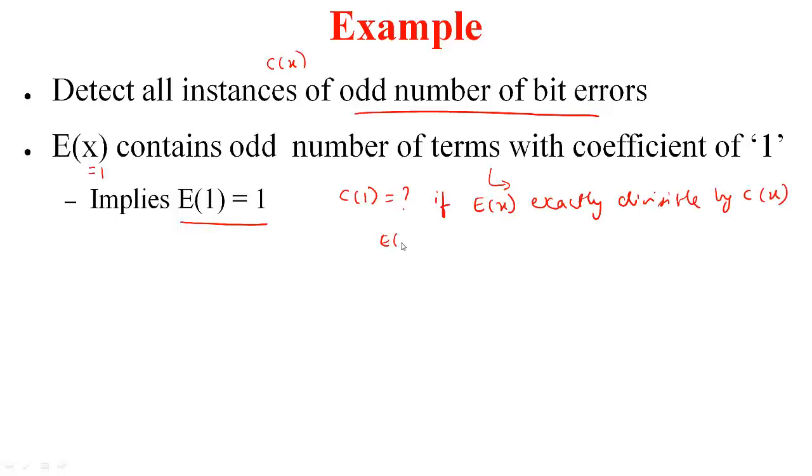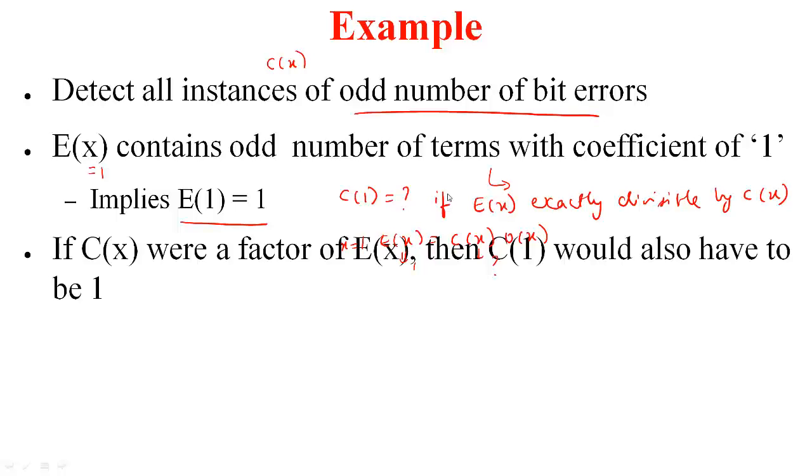So let me write this as E(x) is C(x) times some other polynomial Q(x). In this case, E(x) is exactly divisible by C(x). So if I were to substitute x is equal to 1 here, this one is equal to 1. So what should this be? So that's right, C(1) has to be equal to 1. If it were equal to 0, E(1) is also going to be 0, and we don't want that.